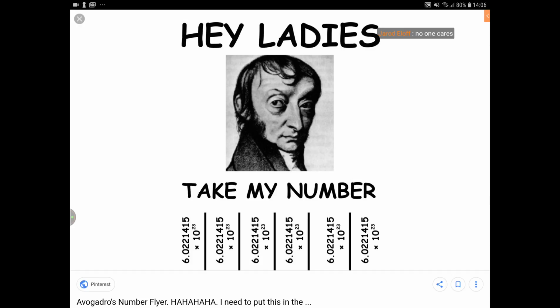Obviously that's the Count Avogadro. With a profile picture like that, I'm not surprised that nobody has taken his number. But I don't want to be unkind. It's just one of the numbers that you unfortunately have to remember, but you probably know that anyway quite well.